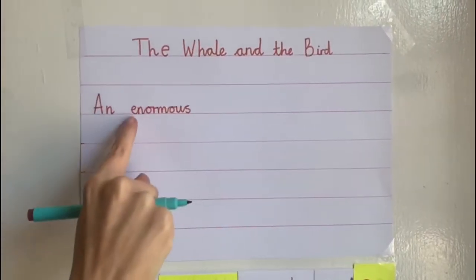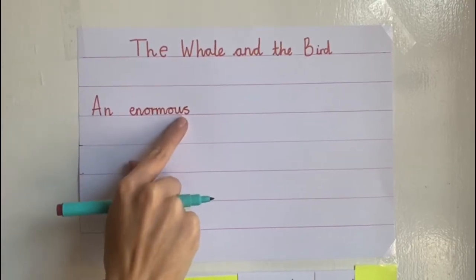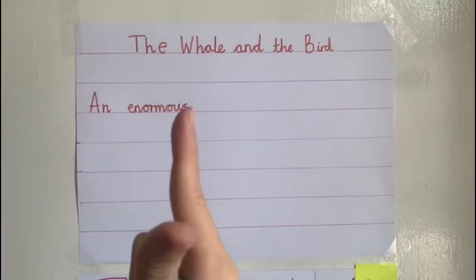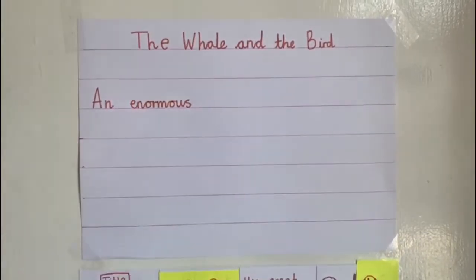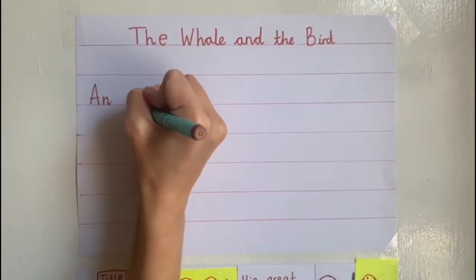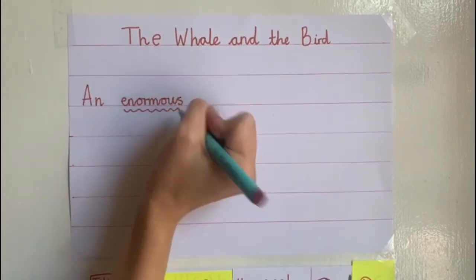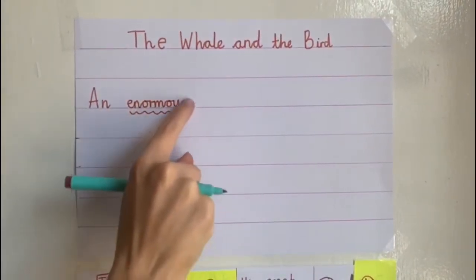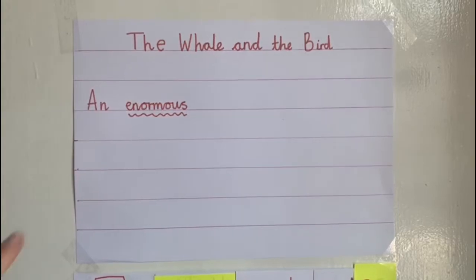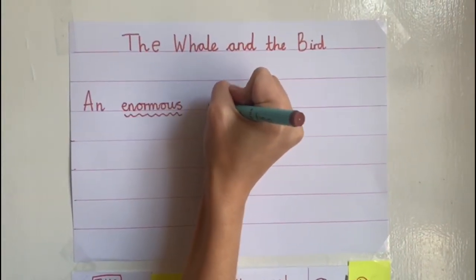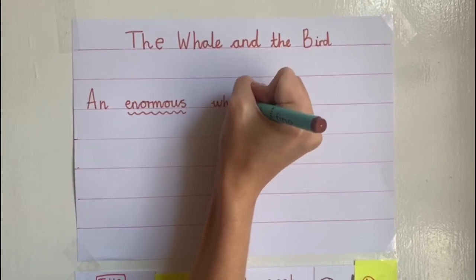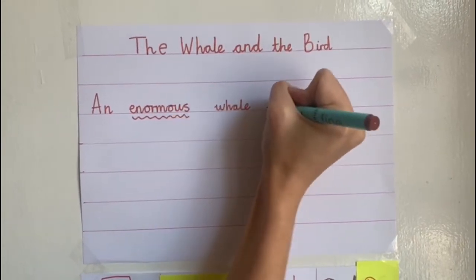Now, if I wasn't quite sure how to spell that, I could use my Fred talk. E-N-O-R-M-S. Enormous. And if you're still unsure, you can put a little wiggly line underneath there, and that can mean that when you've finished, you can check that back. And enormous whale.